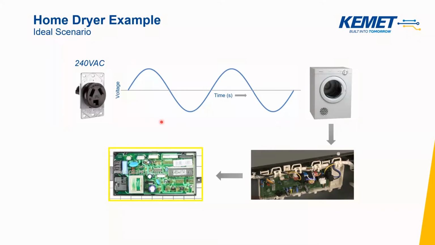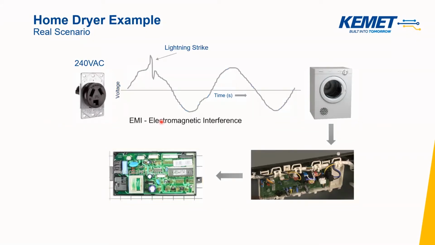But fortunately for companies like Kemet, this is not really an ideal world we live in. The AC main signal which comes into your device is usually always filled with a lot of distortions, with a lot of unexpected transients and harmonic interferences, which you actually are not well aware of.